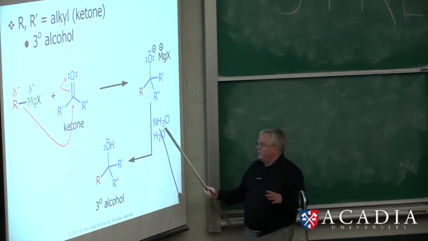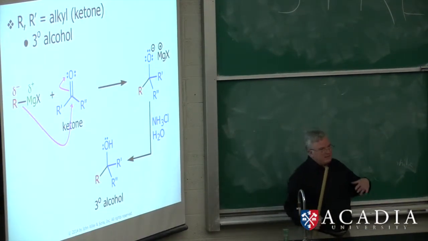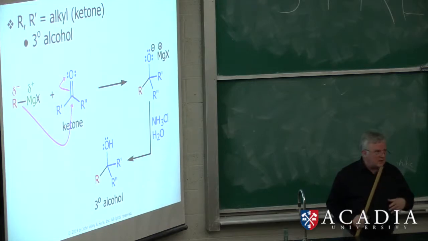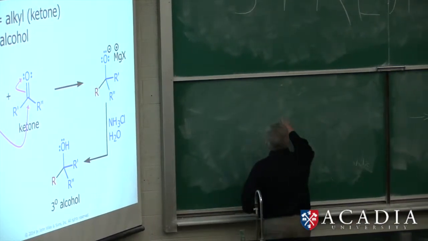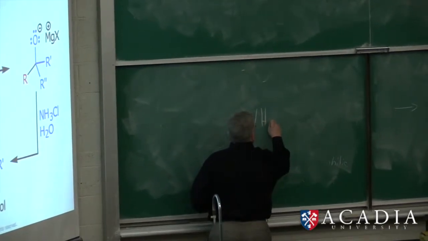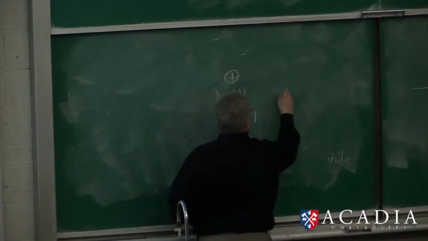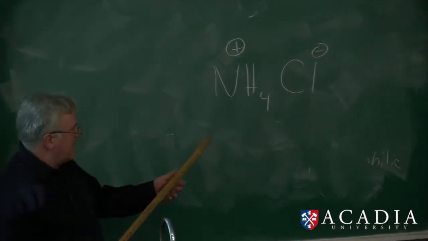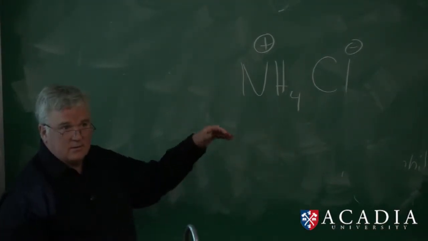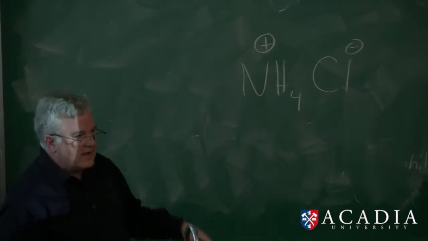And now I told you that it becomes important. It actually became important in the last one. With secondary alcohols, it's important as well. Why are we using, first of all, how many people recognize this as an acid? Okay, it's a source of H+, right?